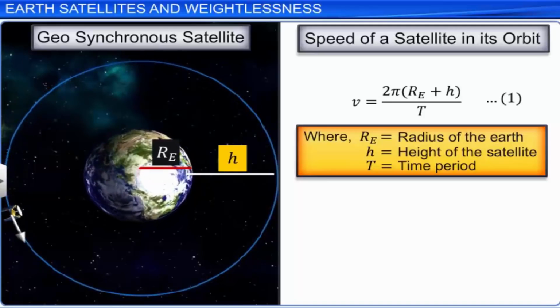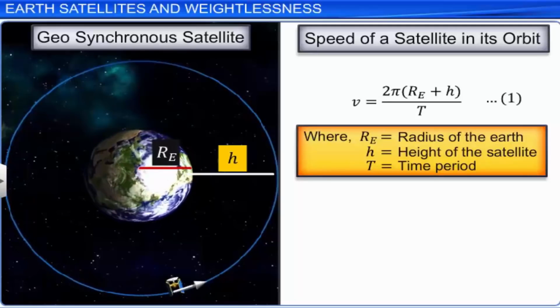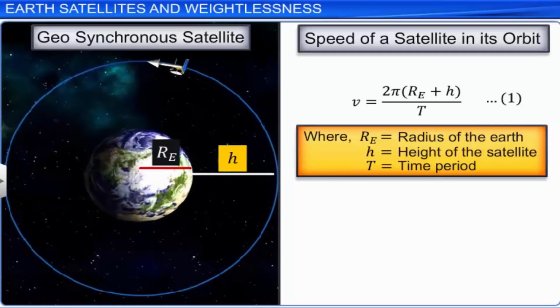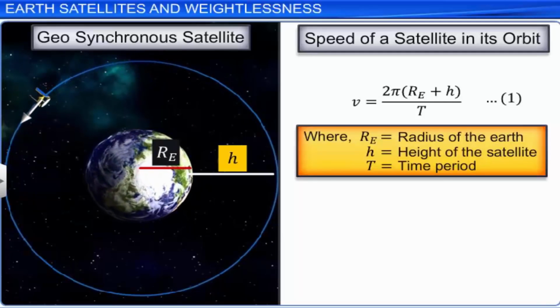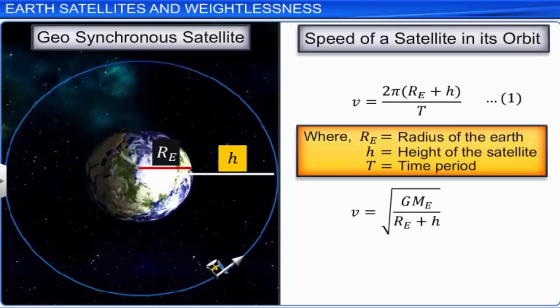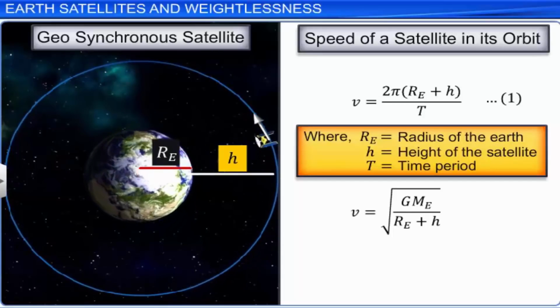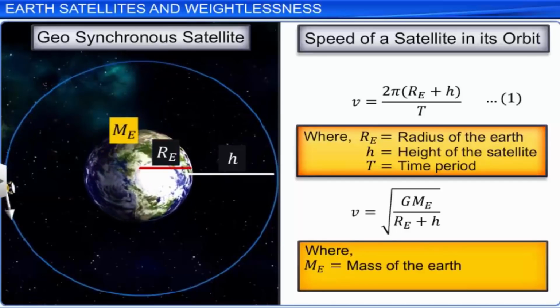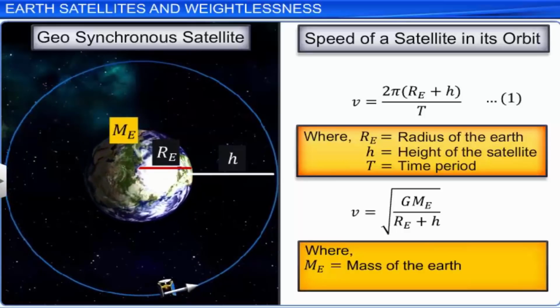The speed of a satellite in its orbit can also be obtained using the relation v is equal to the square root of G M_E divided by R_E plus h, where M_E is the mass of the Earth and G is the universal gravitational constant. Let this be equation 2.